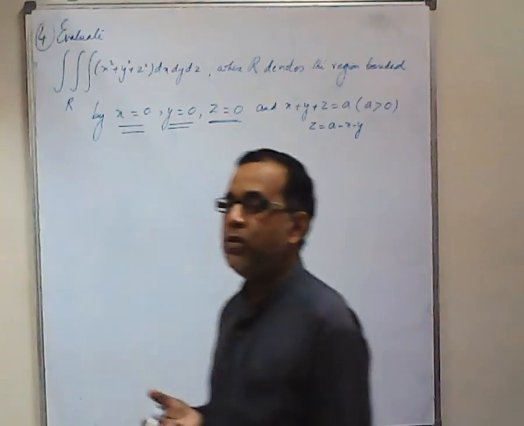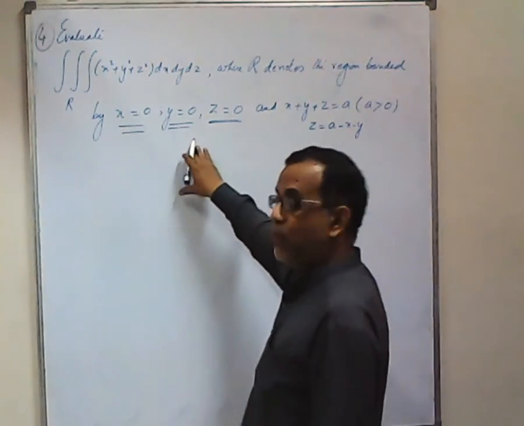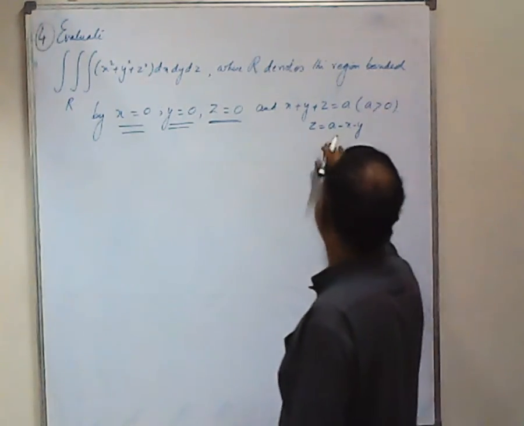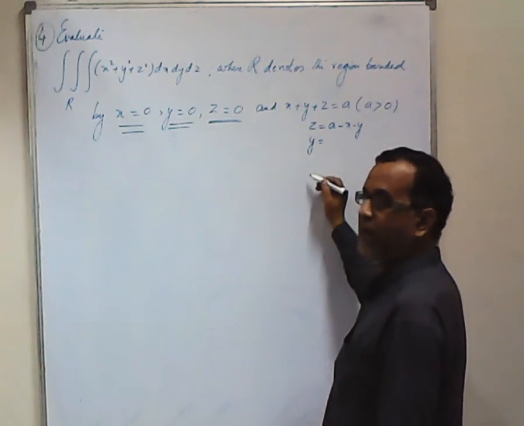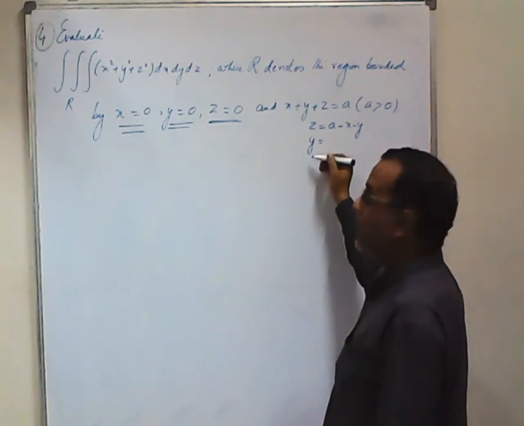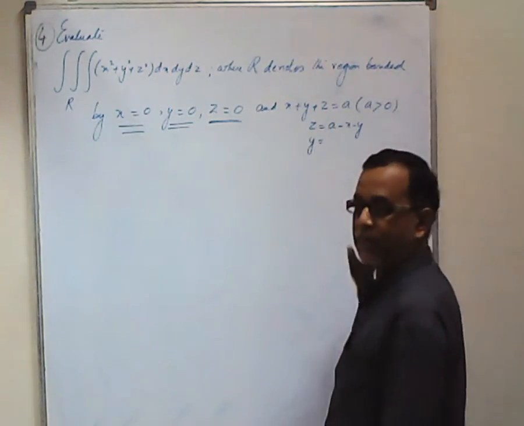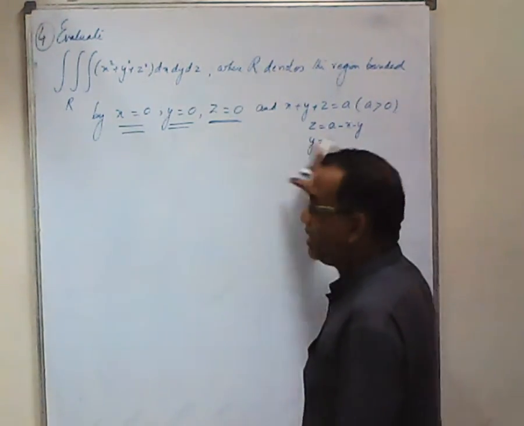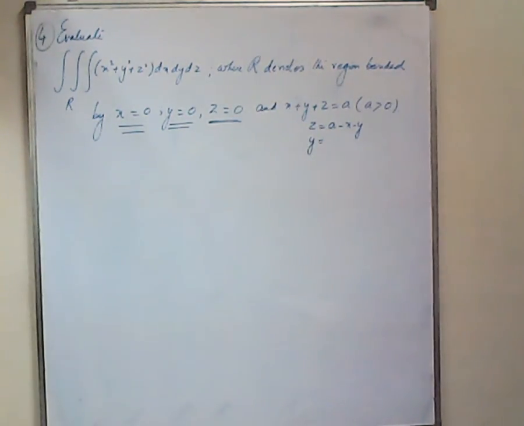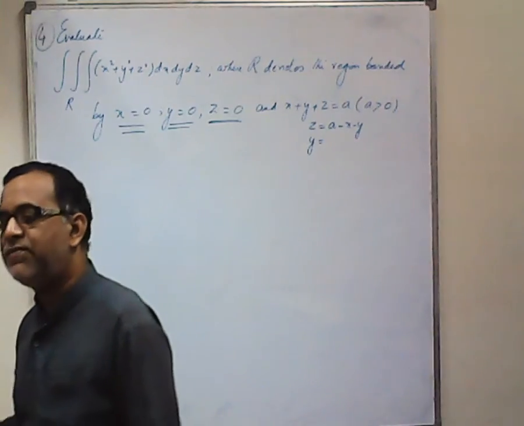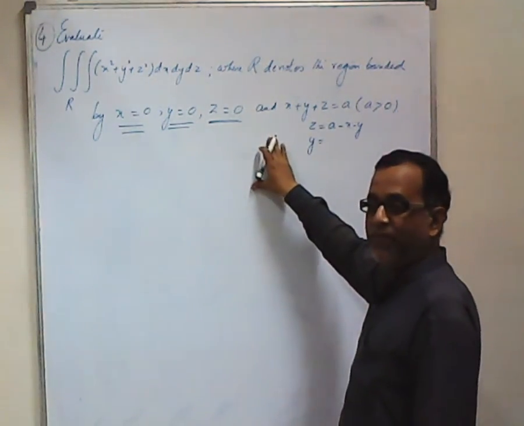If I want to integrate with respect to y first, I can easily calculate the value of y from here. Or if I want to integrate with respect to x first, I can calculate the second value of x from here. So viewing this example, it is up to us whether we want to integrate with respect to z first, or x first, or y first.